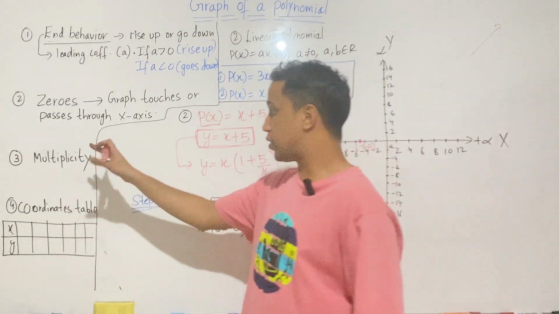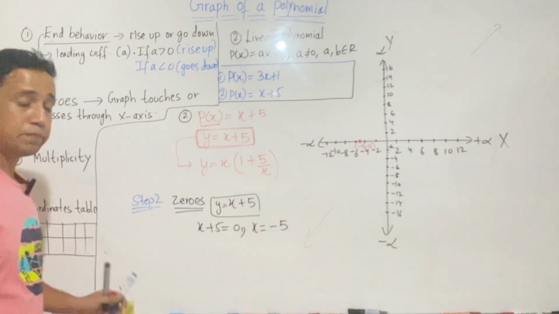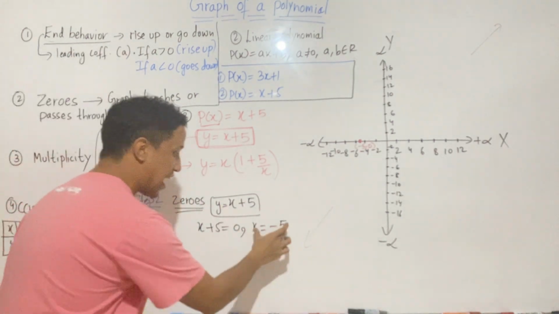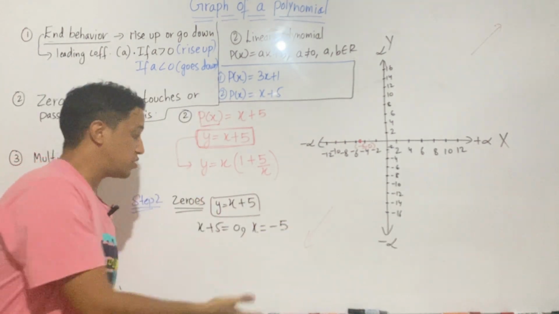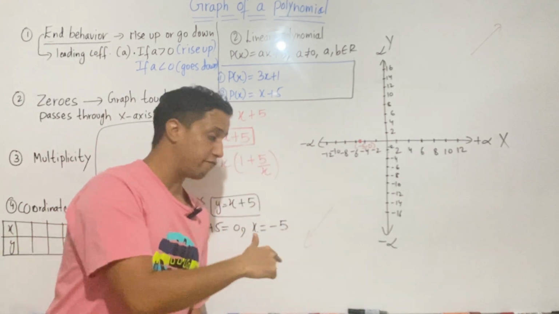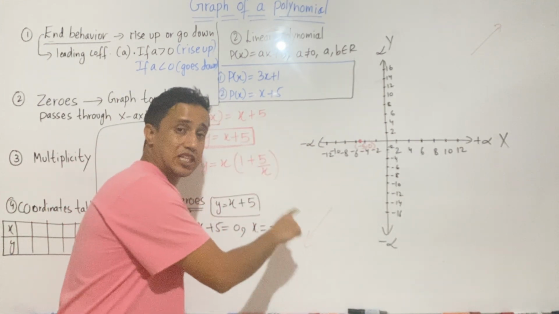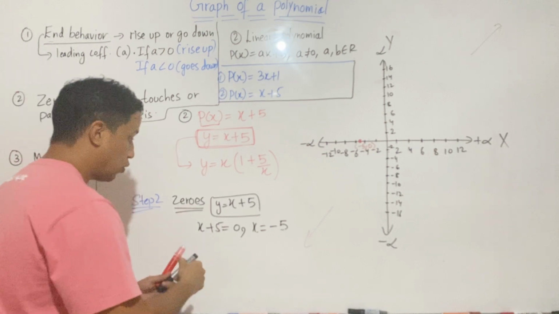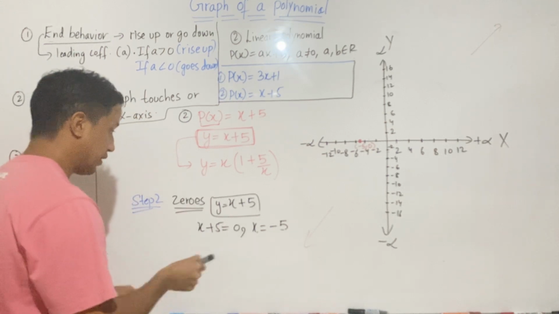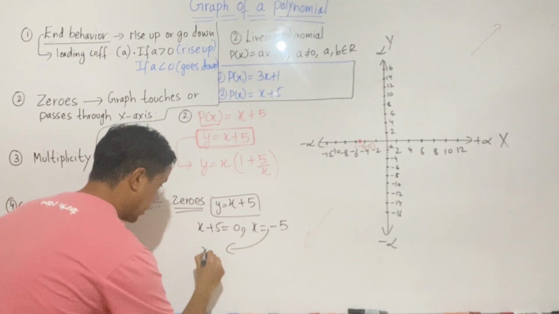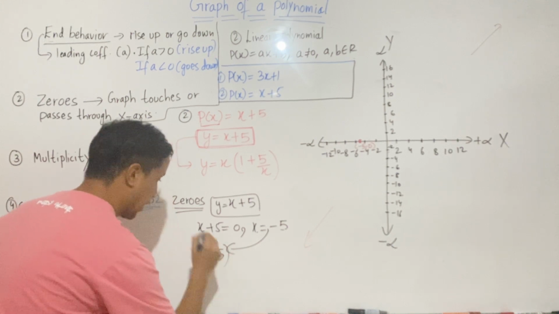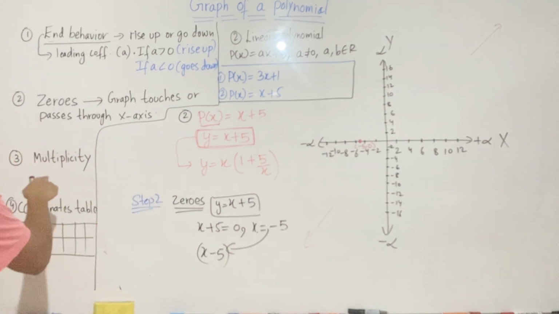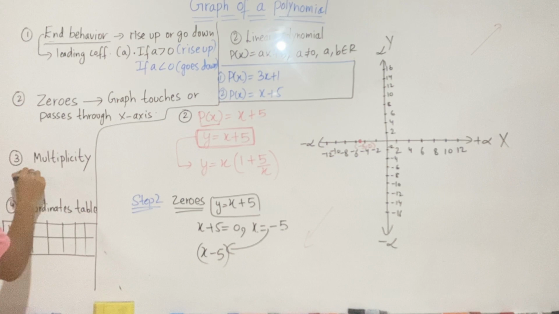Now number 3 is multiplicity of zero. If I have to represent this zero in the expression form, it will become x plus 5. So multiplicity refers to the exponent.